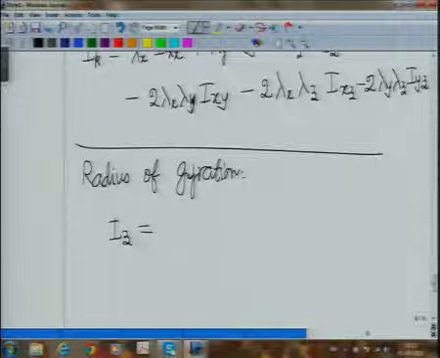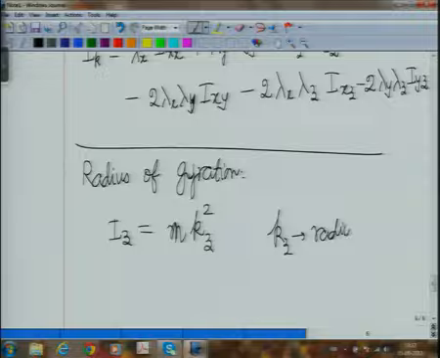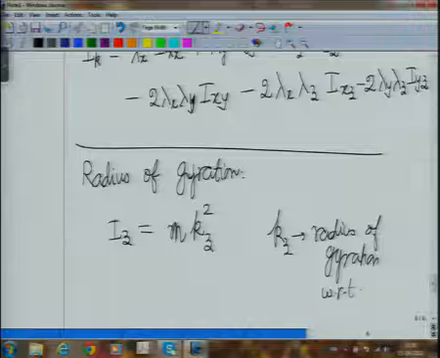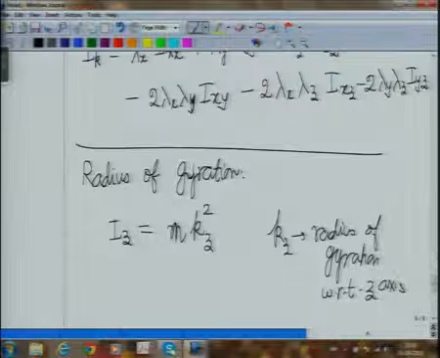If I have Iz, then I represent this as m times kz square, and kz is called the radius of gyration.